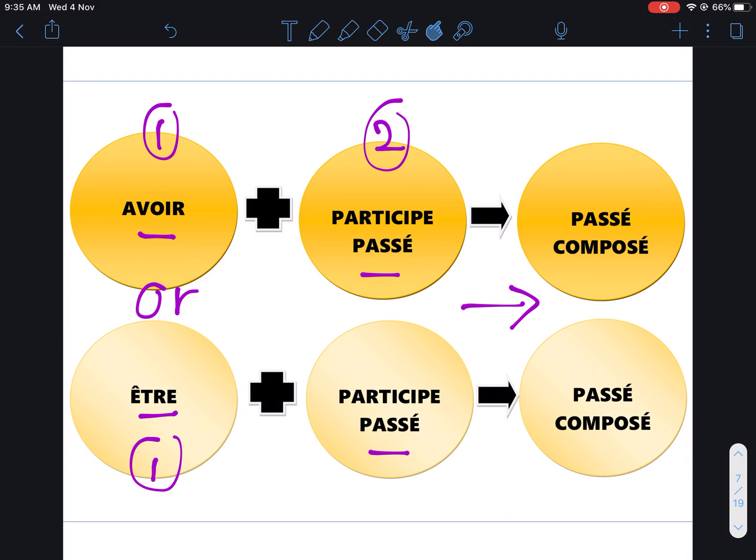And most importantly, when it is using auxiliary être, how is it formed? When there are different genders and numbers, you have to add the endings, either e, s or es. Such as masculine, feminine, singular, and plural. Well, that is part 2 of passé composé.